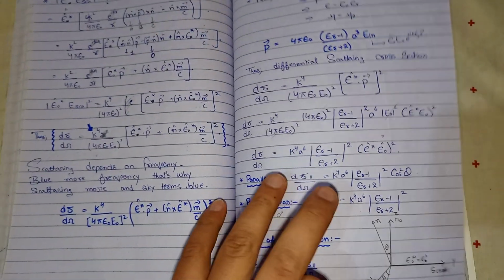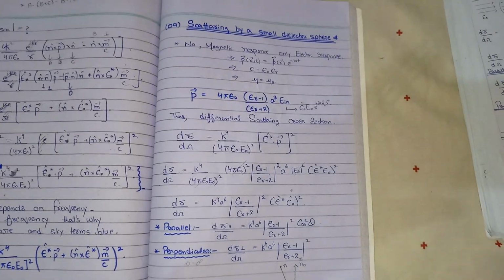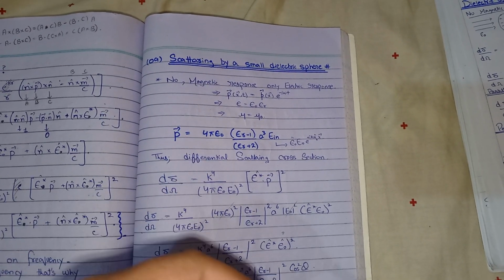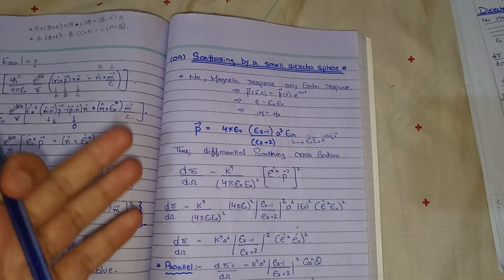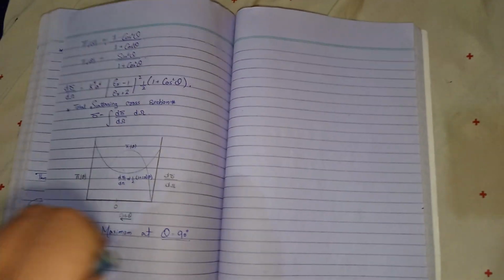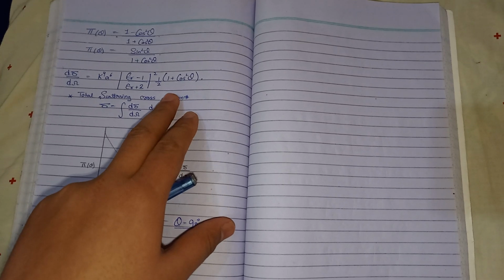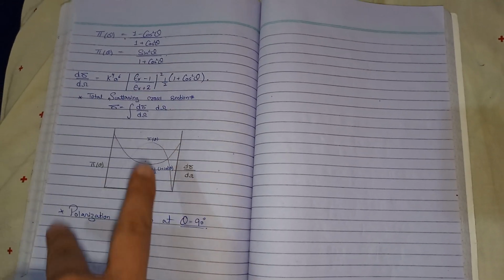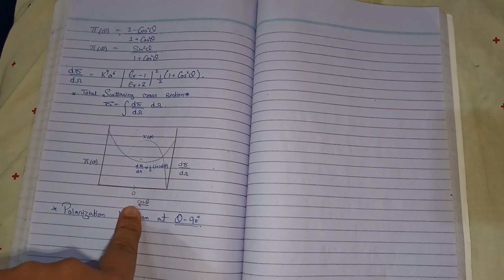Okay, so that's all for today's lecture, in which we discussed scattering by a small dielectric sphere. Basically the differential cross section and polarization of scattered radiation are shown, with the cos of theta factor.